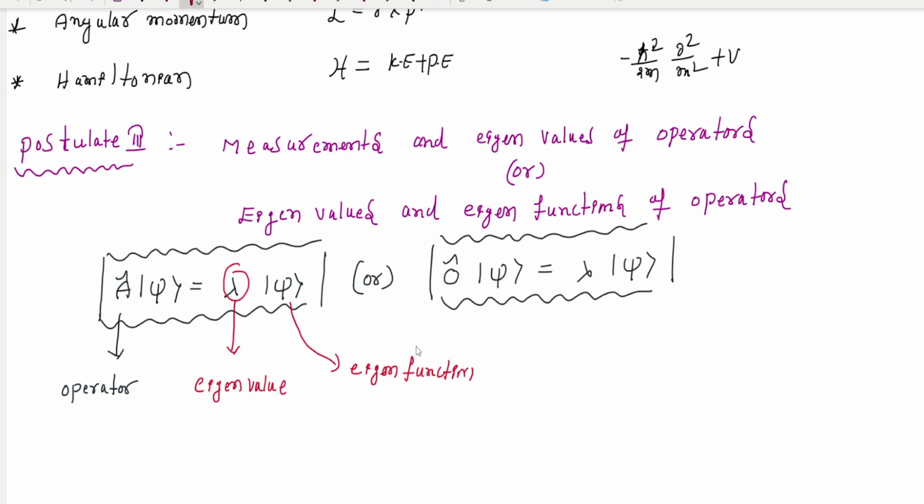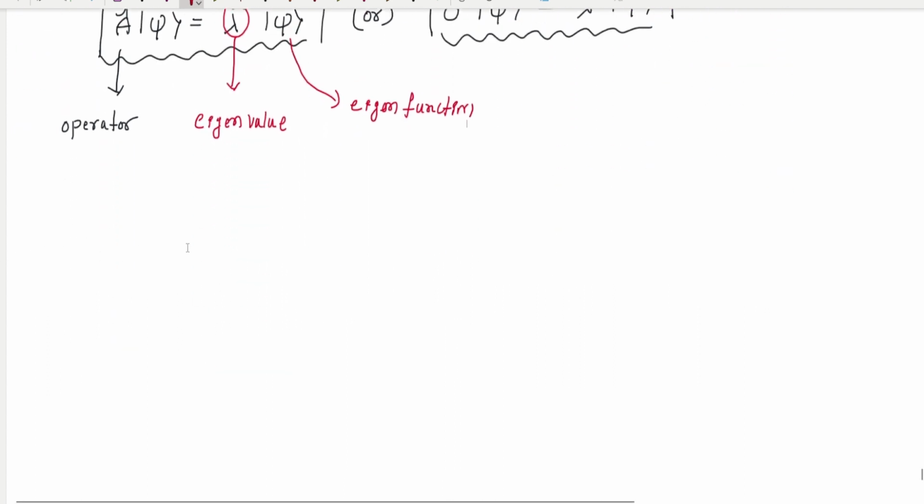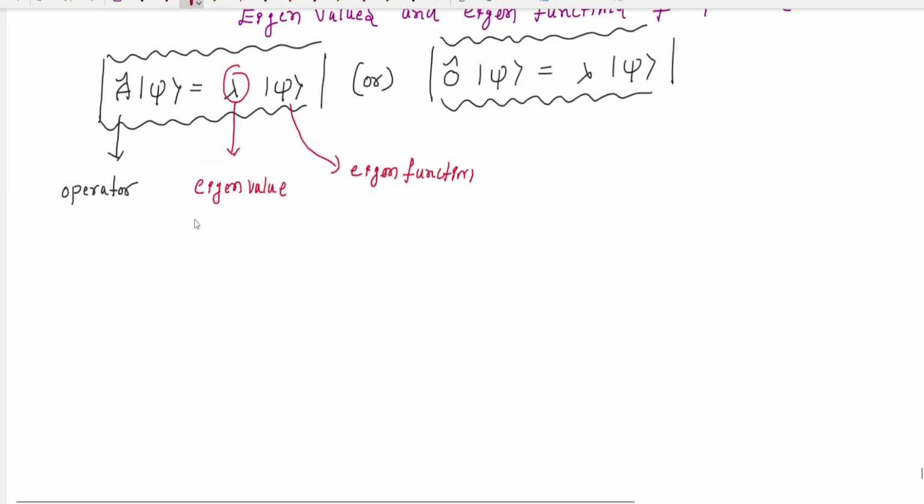If there is a whole set of eigenfunctions, the situation is like this. If an operator A is applying on the nth quantum state of the system, then we can get lambda n, a corresponding eigenfunction, like this.